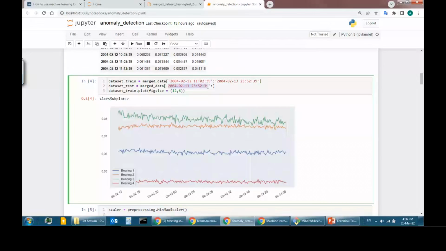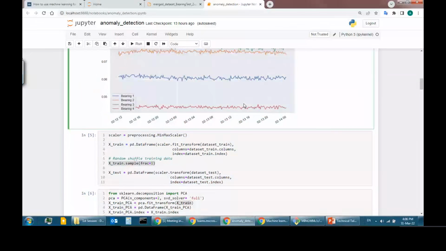So if you go to the final portion of the data, this will be indicative of the abnormal condition until total failure. So that's why they have taken the first part of the data for training, because the idea here is that they want to train the algorithm for the normal condition.